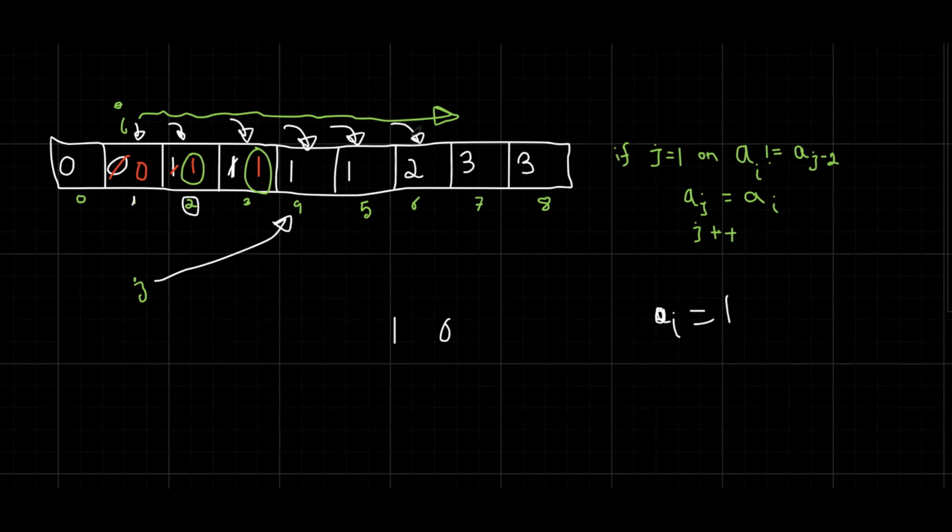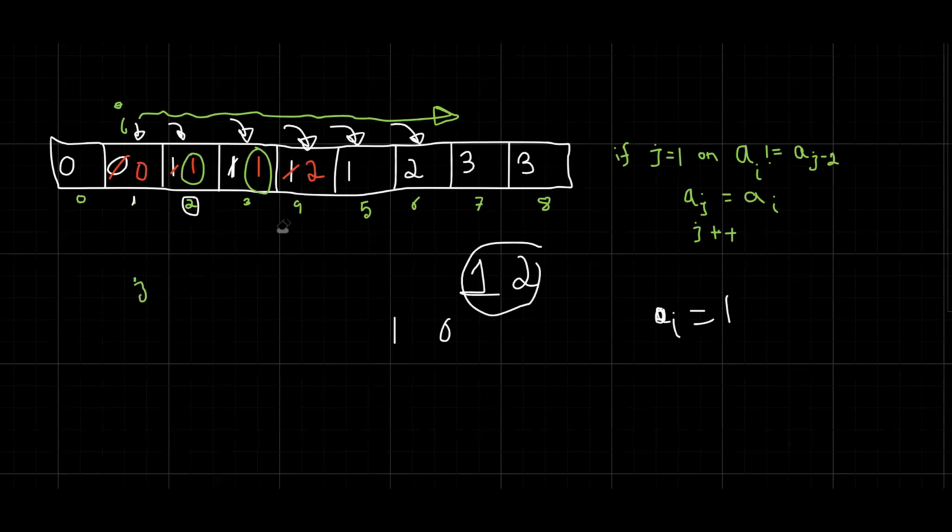Now our j is pointing to this element, and so here the value a of j minus 2 is 1, but the value a of I is 2. So both of them are not equal. So we can put 2 in the jth index.